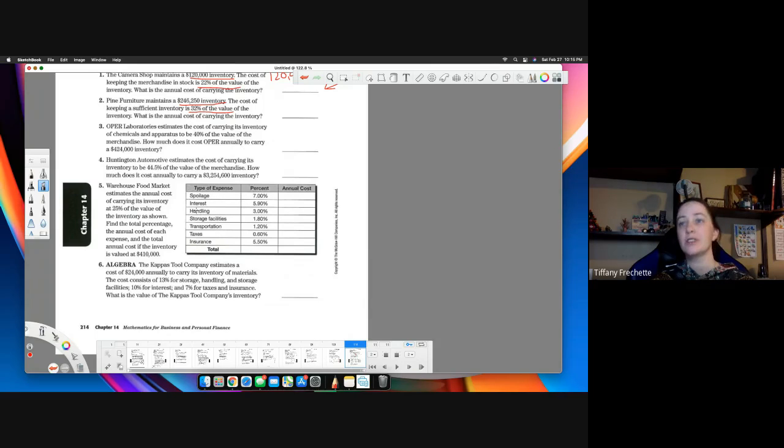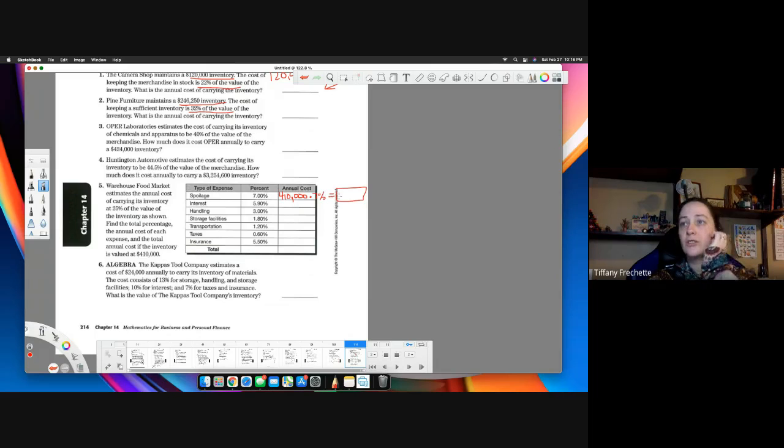So spoilage, interest, handling, storage fees, transportation, taxes, insurance, they all have their own percentage of cost. So we're going to take the 410,000. I'm going to just write that in here because I don't have a whole lot of room off to the side. We're just going to multiply by the percentage they give us. And that'll give us the amount that we actually want to put here in the box, right?